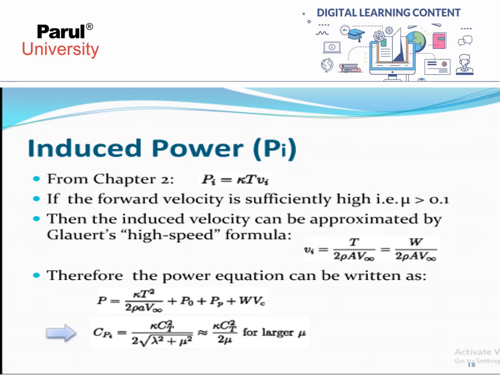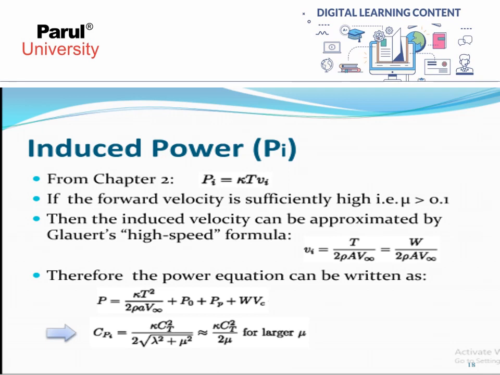Now induced power. From chapter 2, Pi is equal to k times T into Vi. If the forward velocity is sufficiently high, that is mu is greater than 1.1, then the induced velocity can be approximated by Lauren's high speed formula: Vi is equal to T by 2 rho A V infinity, which is W by 2 rho A V infinity.